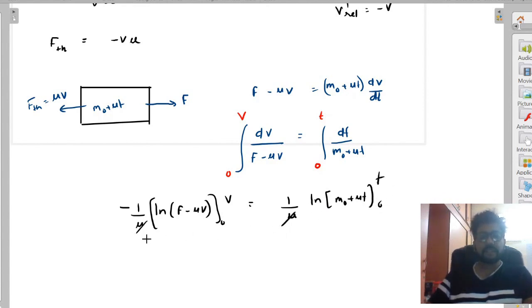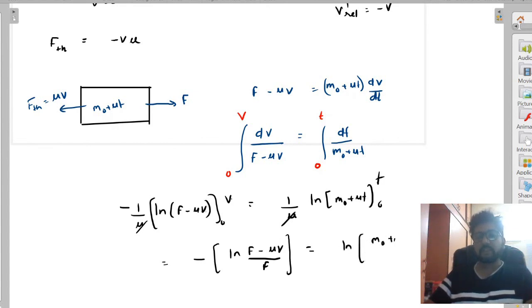Mu gets cancelled out, and you will get minus ln of F minus mu v divided by F. I have put the limits: instead of v you put v, and for the lower limit you put 0, is equal to ln of m naught plus mu t divided by m naught.